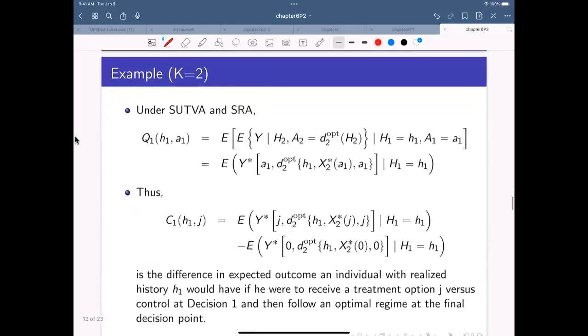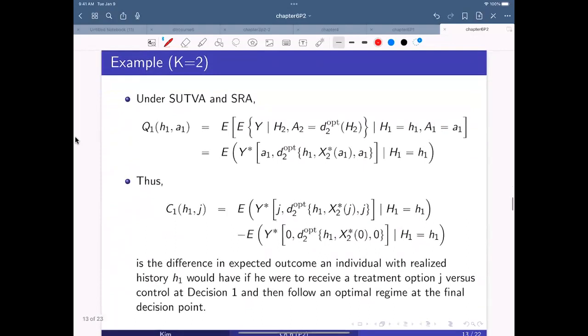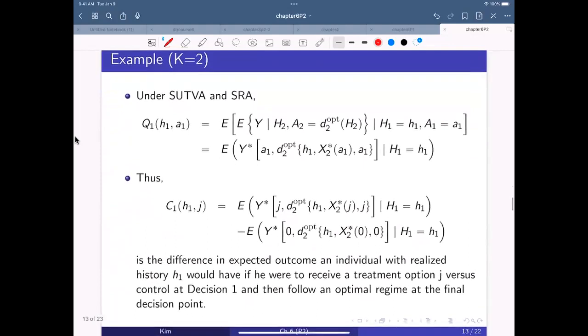And then Q1 now. What is Q1, by the way? We are using the same Q1. Q1 is the conditional expectation of the value function, using the optimal decision at K equal 2, which is this one.